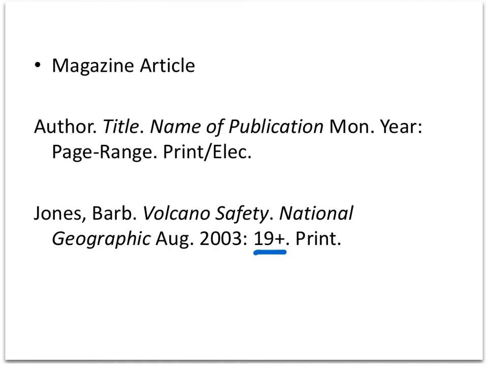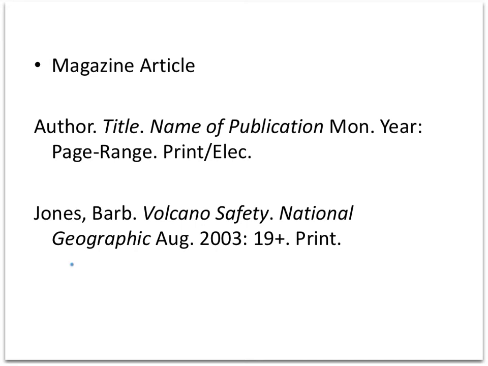The plus sign indicates that the article appears on non-continuous pages. In the previous example, the article appeared on pages 33 through 47, for example. Well, that article was continuous. Every page between 33 and 47 was the same article. But in cases where you see this plus sign, that means that the article is not on continuous pages.